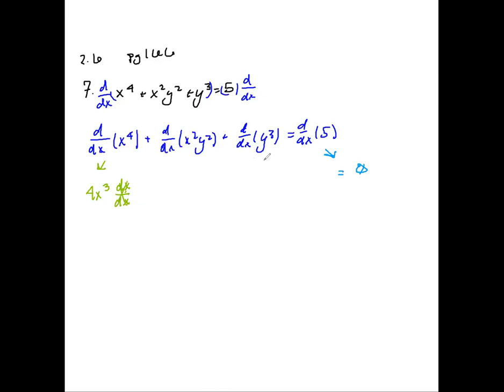Then let's do this one next, because here we have y. And what we're going to do is just take the derivative. So we'll end up with 3y squared, but this will be dy dx. And then we are going to wrap up by doing this one.